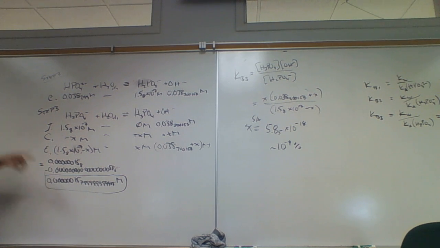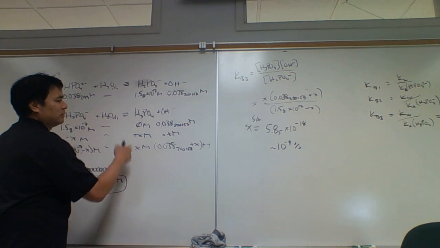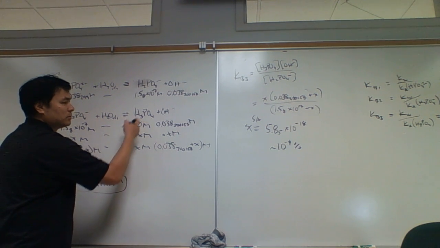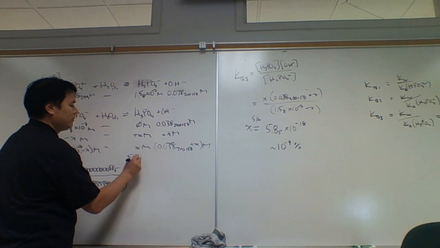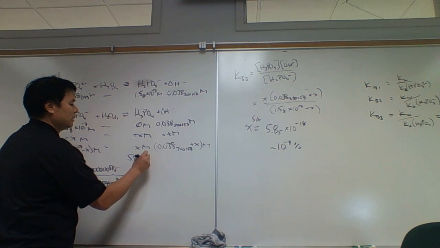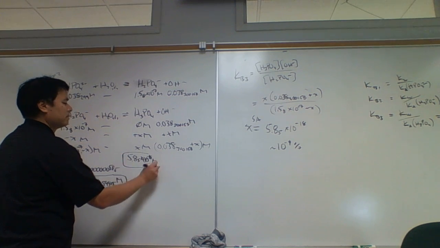So did we lose much? No, this was what we call negligible change. So this is not going to perturb step 2. We did gain a significant amount of phosphoric acid. So this is 5.85 times 10 to the minus 18 molar here.